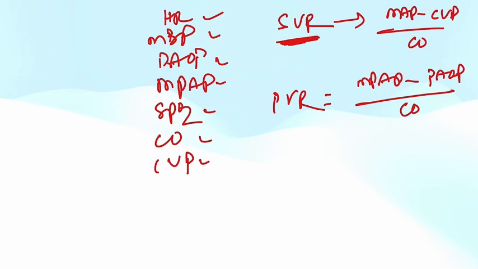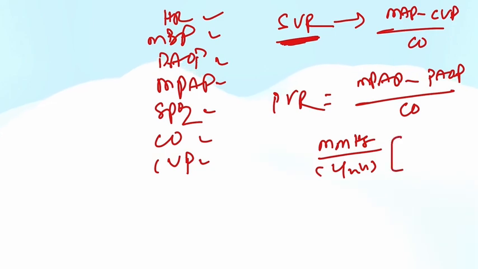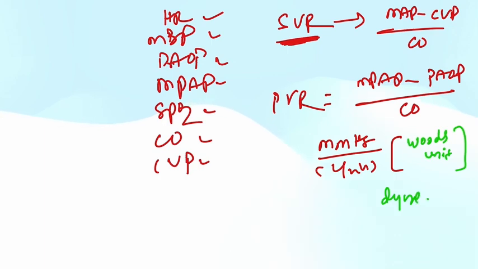As you calculate using the standard values, you get the values as millimeters of mercury divided by liters per minute, which, as we already discussed, is Wood's unit. But when you see the options in the MCQ, they are expressed in dyne into second divided by centimeter to the power 5.